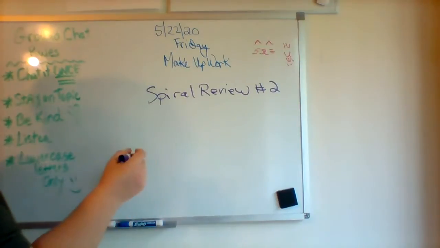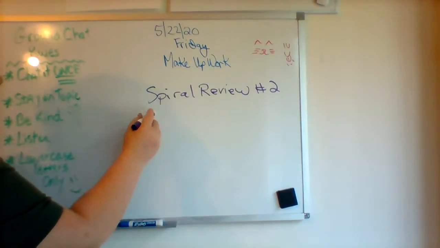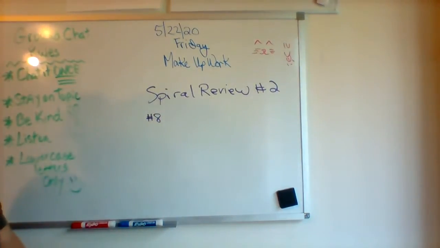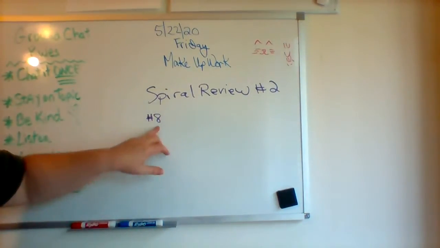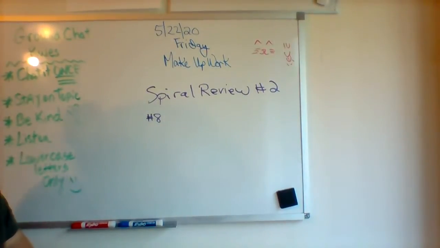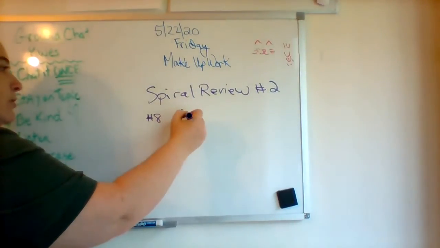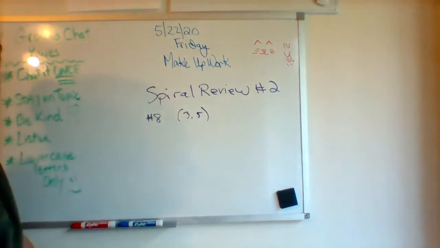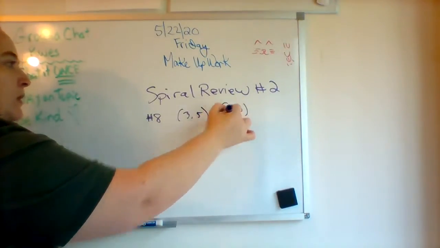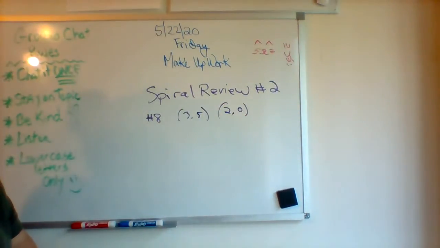In 8th grade, we explored the slope triangles because it's really important for you guys to understand where the formula comes from. So now I'm on number 8, and it says that there's a line that passes through 2 points. And those 2 points are 3, 5 and 2, 0. They want to know what the slope of the line is.